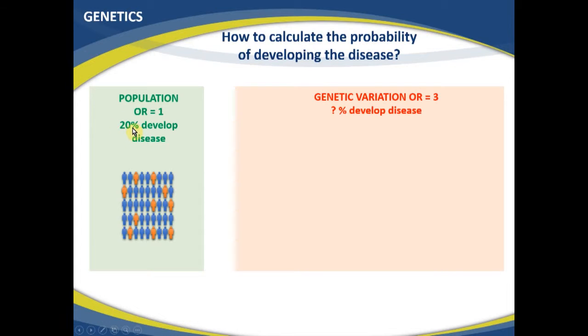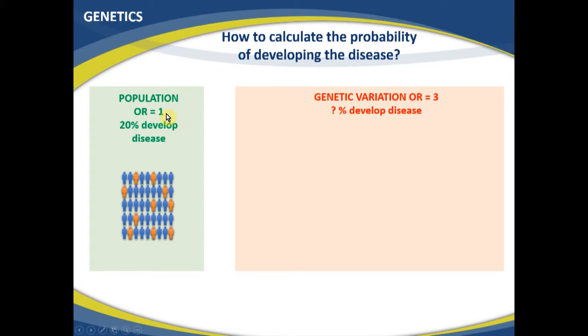It's not really 20 times 3, which you might calculate, which would be 60. This is not correct, because if you do the calculation, let's say you have an odds ratio of 10, and you would do 20% times 10, then you would have a 200% likelihood of developing disease. There you can see the calculation would be incorrect.